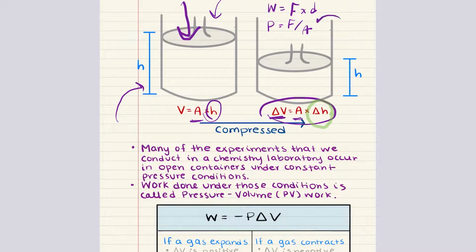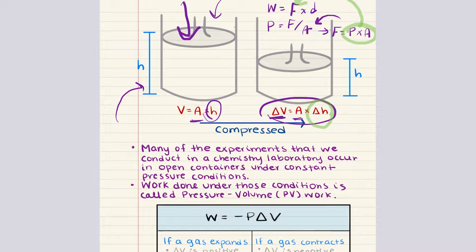Now, if we rearrange this expression to solve for force, we would get that force equals pressure multiplied by area. Now, if we take this expression for force, pressure times area, and substitute it into our work expression, what kind of equation would we get? We would get the following equation.